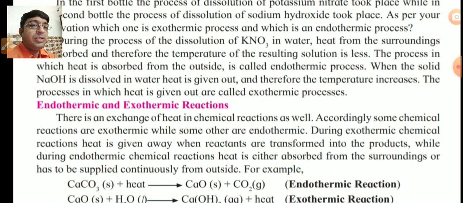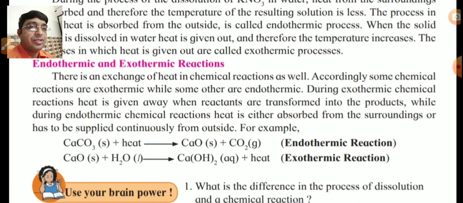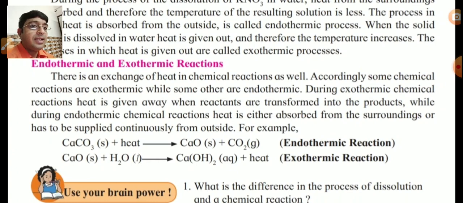Next, endothermic and exothermic reactions. There is an exchange of heat in chemical reactions as well. Accordingly, some chemical reactions are exothermic while some others are endothermic. During exothermic chemical reactions, heat is given away when reactants are transformed into the products.